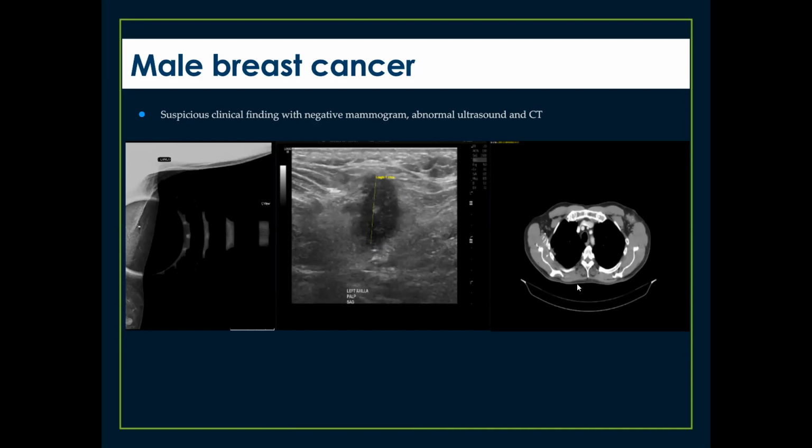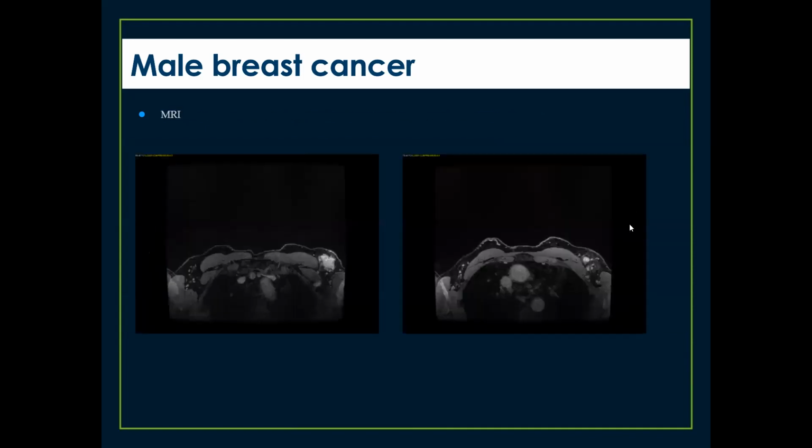And the patient had a CT scan for staging. Here, this is the right side, this is the left side, and this is in the upper chest, looking at the axillary regions. We see the irregular solid mass with the white dot. The white dot is the biopsy marking clip. This patient also had an MRI scan.